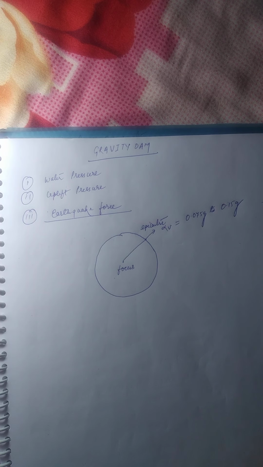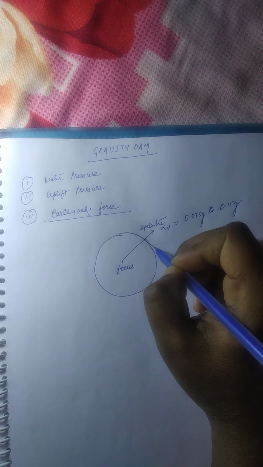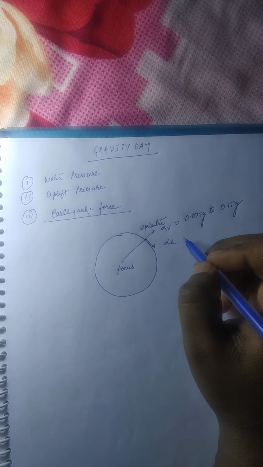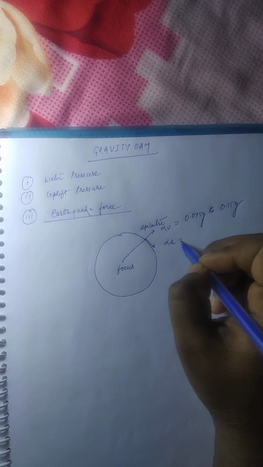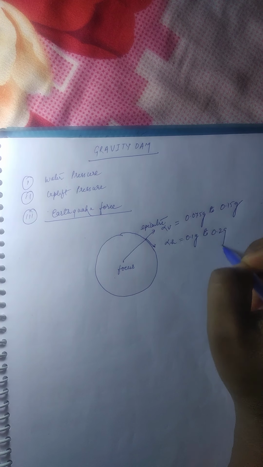In the horizontal direction, the horizontal acceleration, the notation is alpha h, and its value ranges from 0.1 g to 0.2 g.